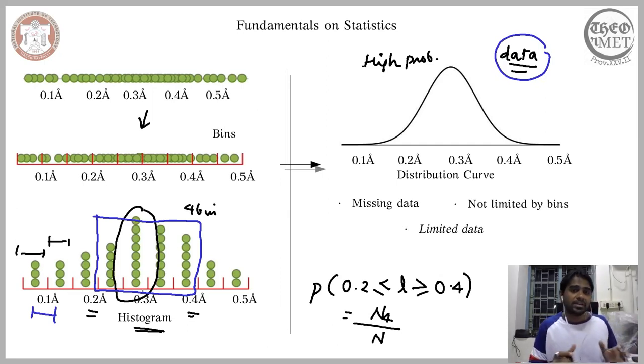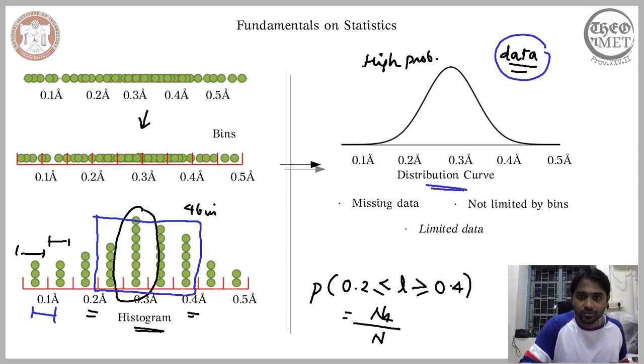So I need a different way of estimating and presenting this data, and also estimating the probability of the lattice parameter lying between these 2 bins, when the range is not restricted by the range associated with the bins. That approach comes by fitting a curve onto this population, and that gives us the distribution curve.